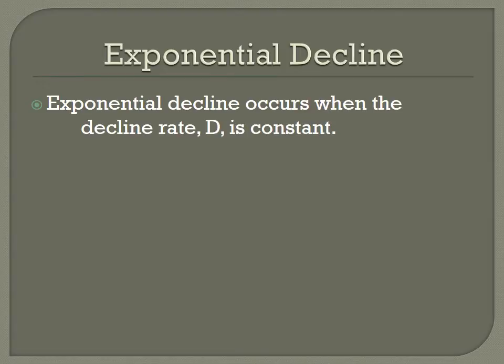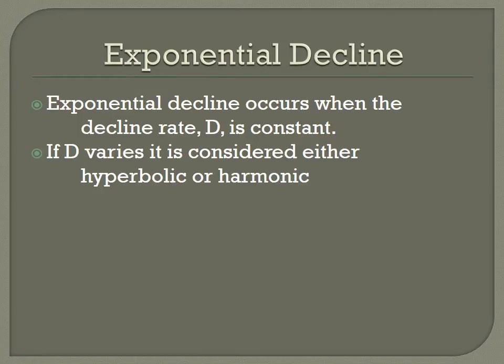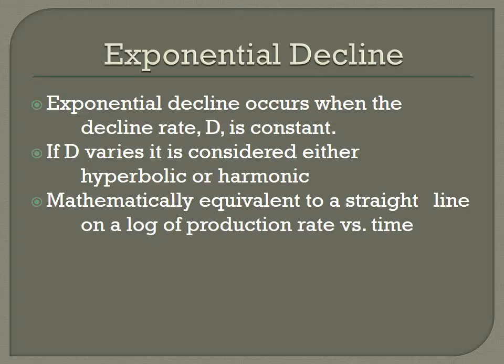The exponential decline curve occurs when the decline rate D is constant. If D varies, it is considered either hyperbolic or harmonic. Mathematically, the exponential decline curve is equivalent to a straight line on a log of production rate versus time plot.